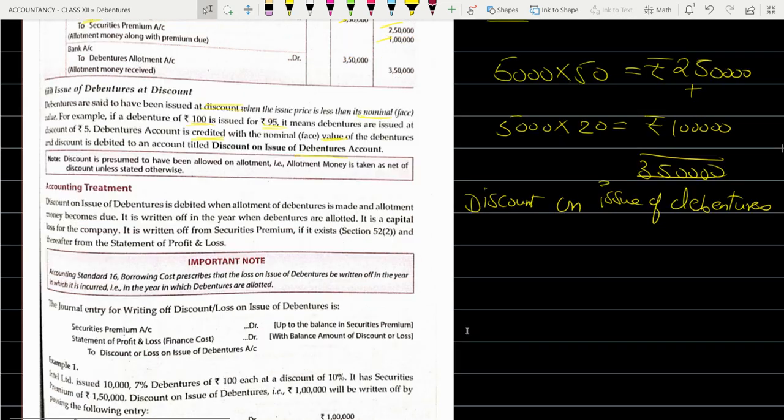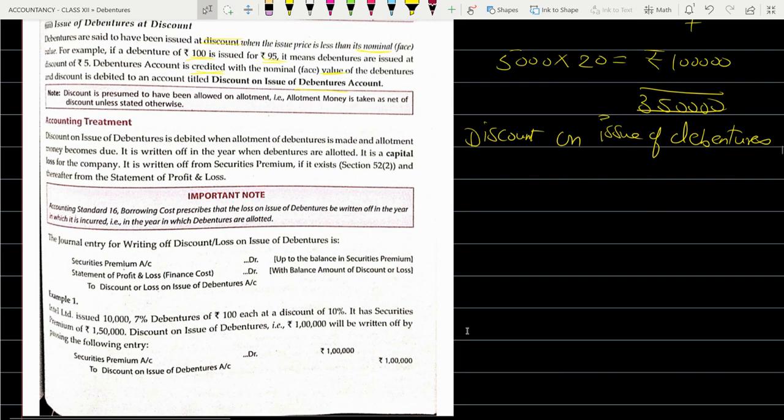Okay, so here if you see the important note, when you are writing off discount or loss on issue of debenture, securities premium account will be debited, or statement of profit and loss account will be debited, to discount or loss on issue of debenture. So what they're trying to say, the discount is presumed to have been allowed on allotment. That is, allotment money is taken as net of discount unless stated otherwise.